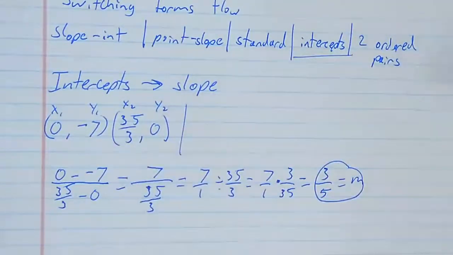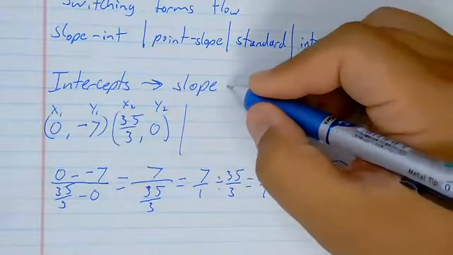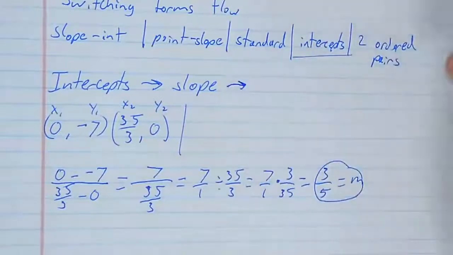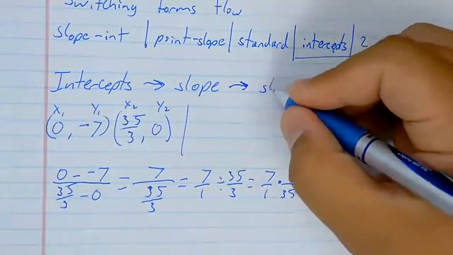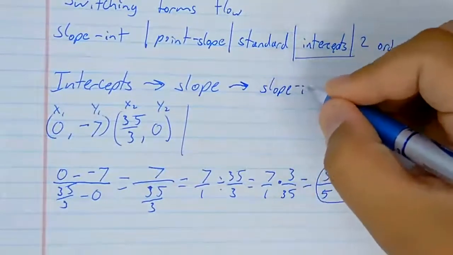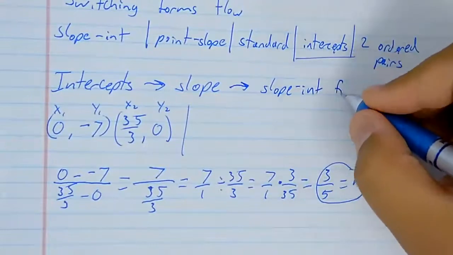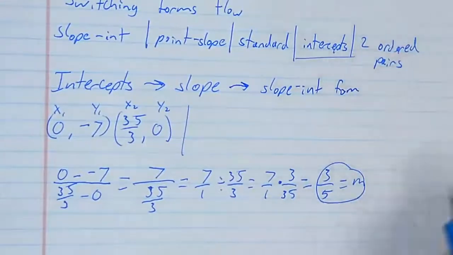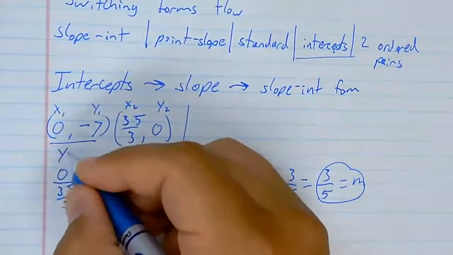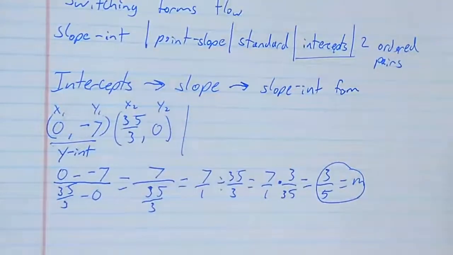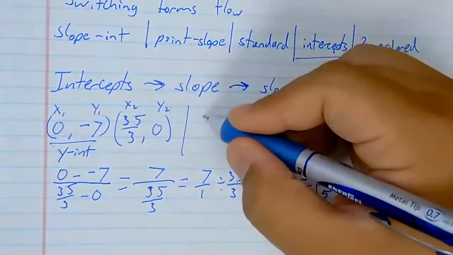But given our intercepts and having found our slope, we can now go one more logical step, and that logical step is to slope-intercept form. We have our slope. We have our y-intercept. So given our slope and our y-intercept, we can write our equation.